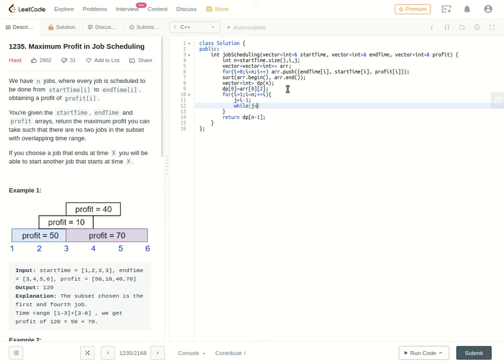So while this variable is greater than or equal to 0, and we are only able to choose the jobs that do not overlap with this job.